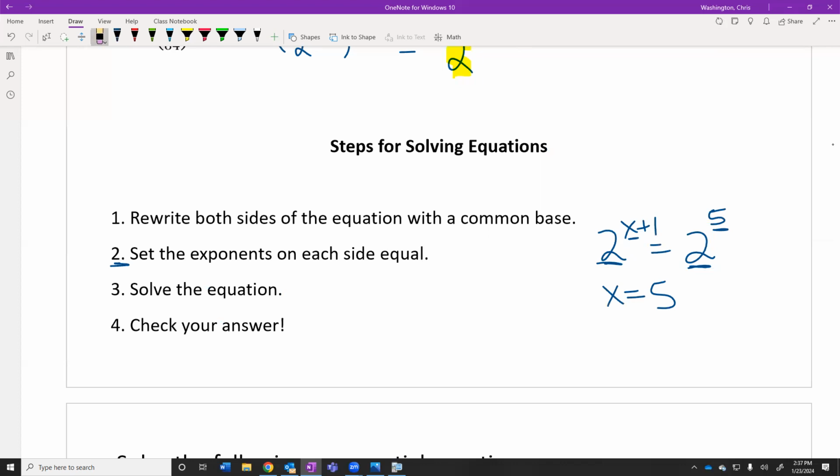And then x plus 1 has to equal 5, and we would solve that equation for x, right? x plus 1 has to equal 5, so x would equal 4. Good. You can always check your work, take your answer, plug it back in, see if the left and right hand sides are equal. But this only works if the bases are the same.